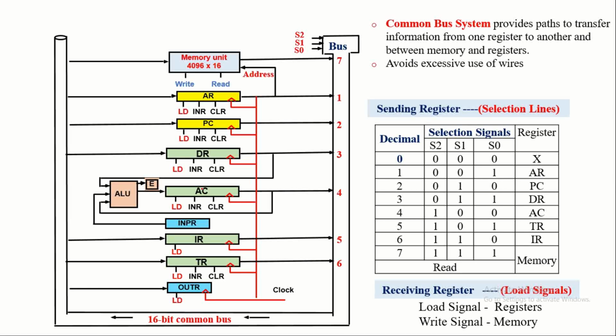So that's why the accumulator does not receive any data directly from the common bus.